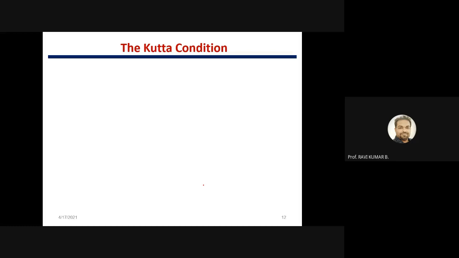The moment your Kutta condition is getting satisfied, there will be a generation of circulation in the system. So prior to the generation of circulation itself, your Kutta condition will be satisfied. That means at the trailing edge you will not have any circulation. Only on the top surface you will have circulation. That condition is known as the Kutta condition.